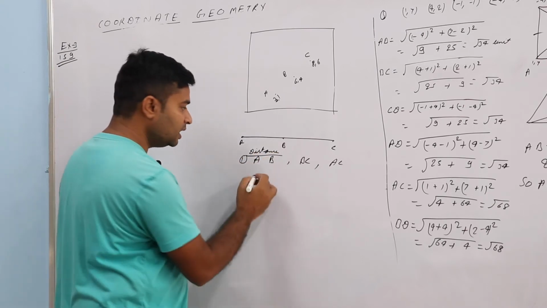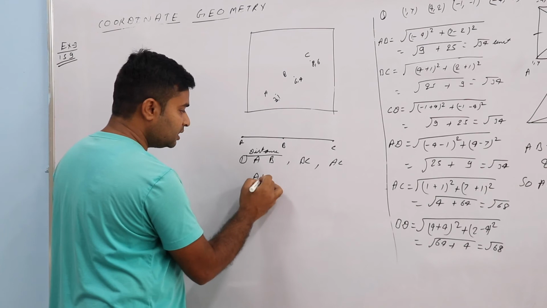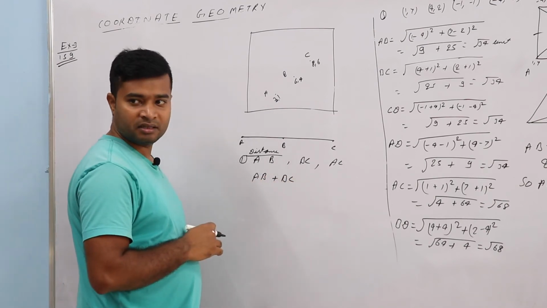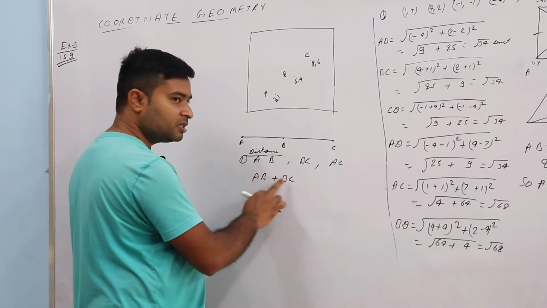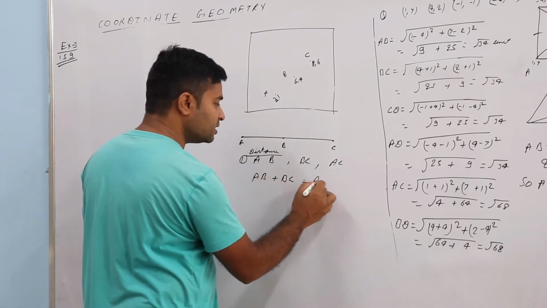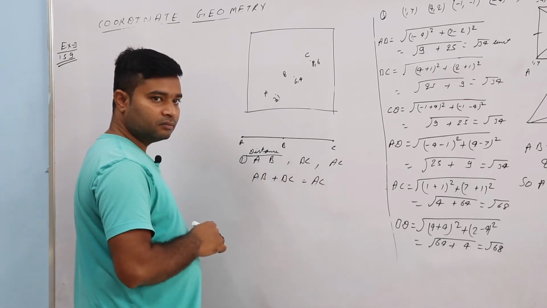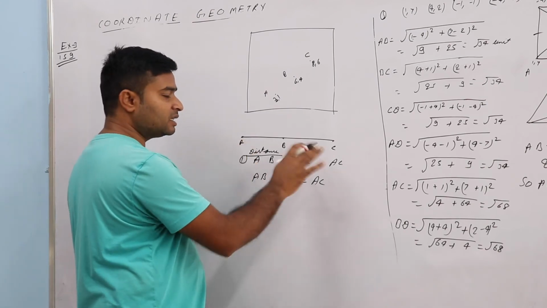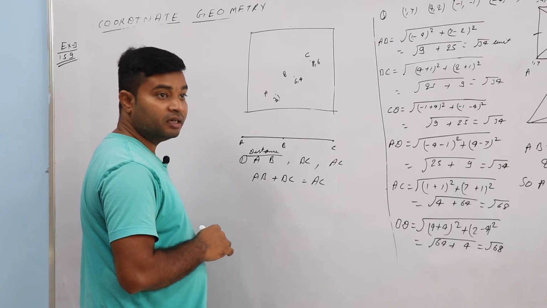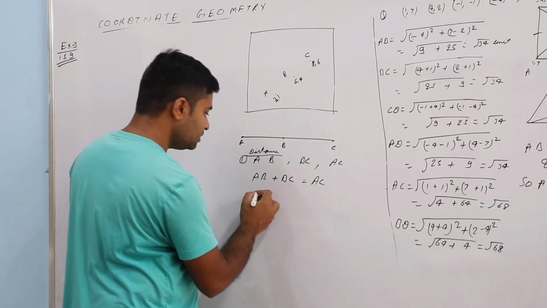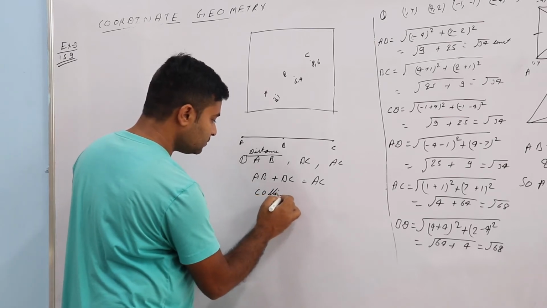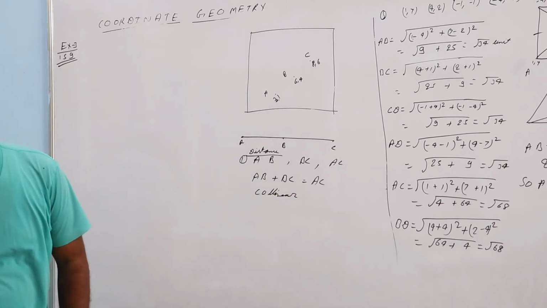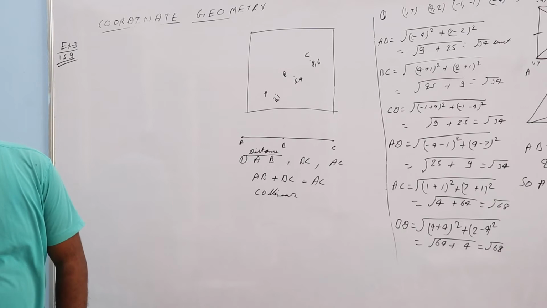Then add the smaller parts, AB plus BC. If you get AB plus BC is equal to AC, then we can say this line is collinear. Understood?